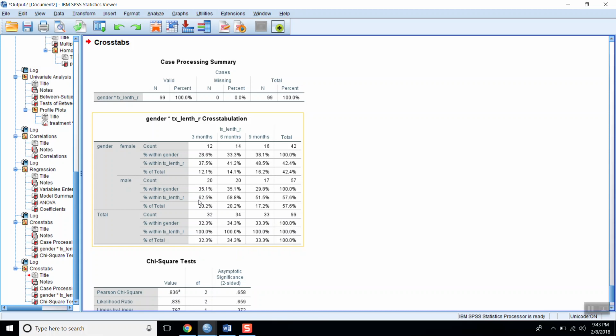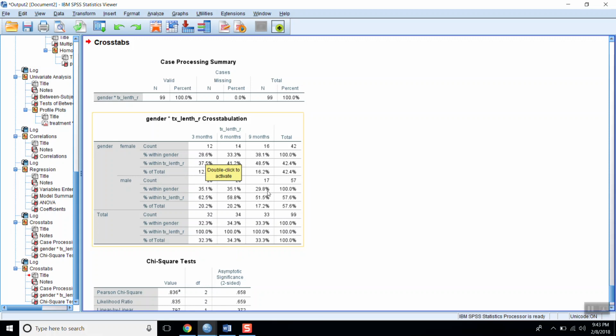Okay. So if you think about it, what you'd be looking for if this were significant is very similar to those ANOVA tables that we were doing with a factorial ANOVA. You're looking for different patterns. So if we look across females, for example, we have 28, 33, 38. And across males, we've got 35, 35, 29.